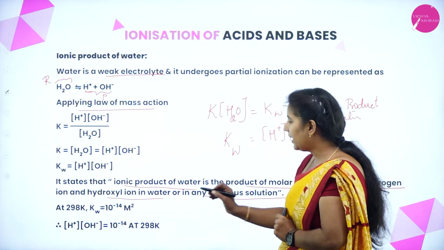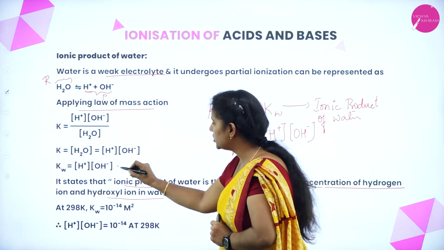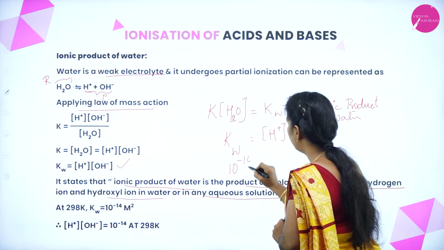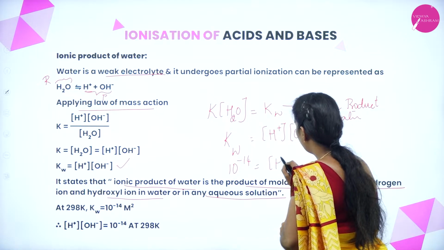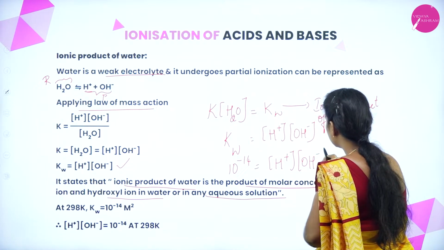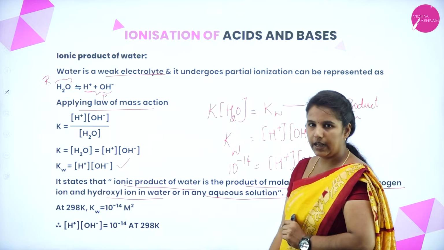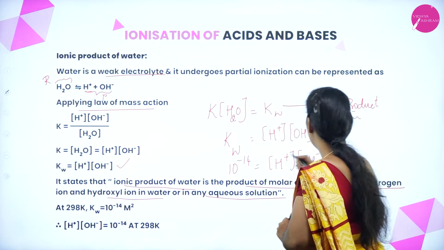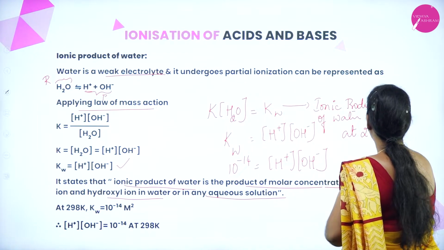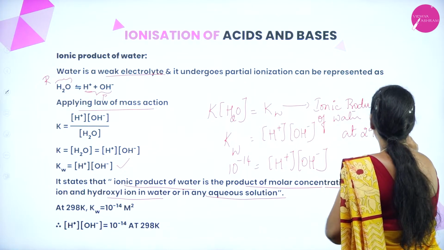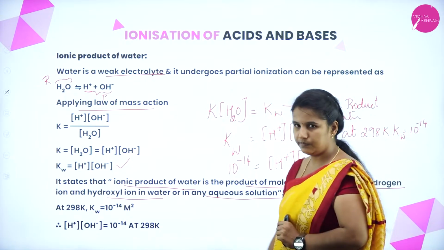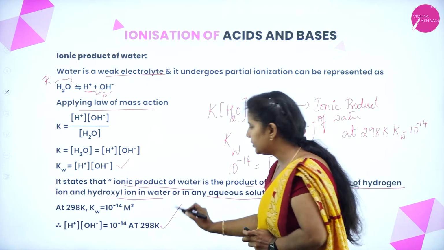So now I can rewrite the above equation as 10 to the power of minus 14, which is equal to the molar concentration of the hydrogen ion into the molar concentration of the hydroxyl ion. Because at 298 Kelvin, Kw will be equal to 10 to the power of minus 14. This is the equation we got.